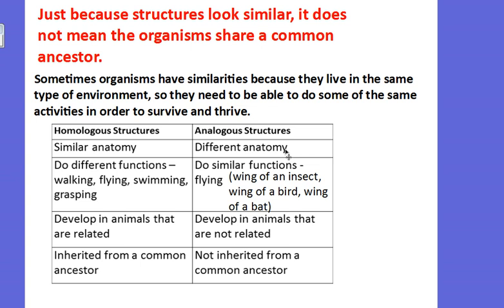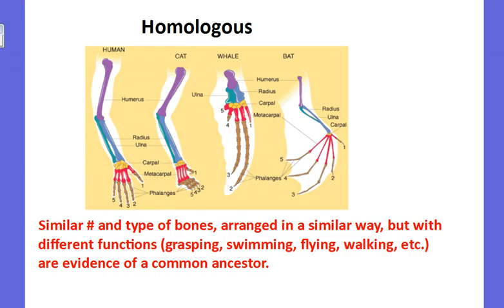Analogous structures, and we'll look at a slide in a second, they have different anatomy, so the way the bones are arranged is not really that similar. They do similar functions, like flying, so the wing of an insect, the wing of a bird, the wing of a bat, they all have wings, but that does not mean they have a common ancestor. So these type of structures develop in animals that aren't related. It's not inherited from a common ancestor.